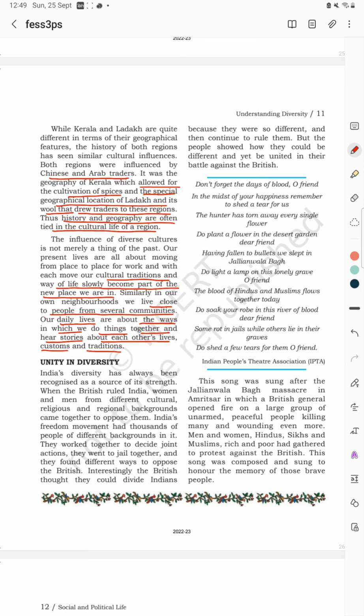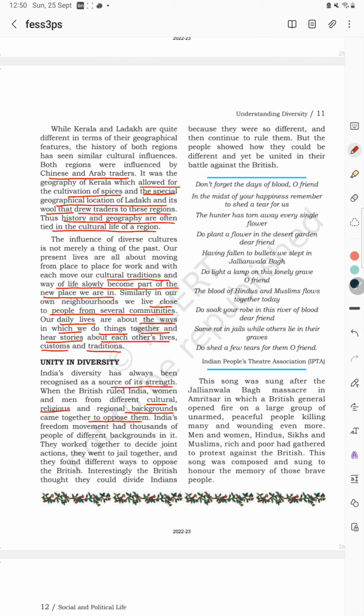India's diversity has always been recognized as a source of strength. When the British ruled India, people with different backgrounds participated in the freedom movement and opposed the British. Women and men from different cultures, religions, and regional backgrounds came together to oppose them.